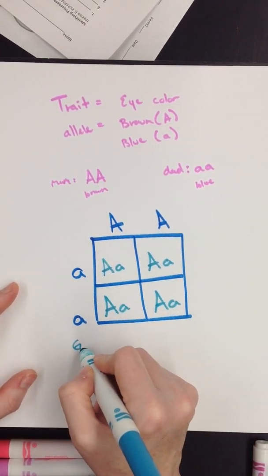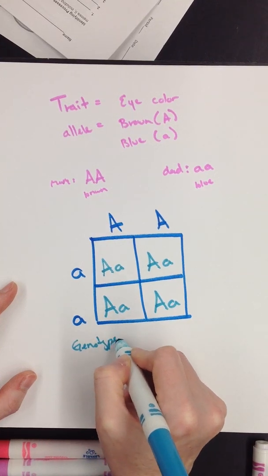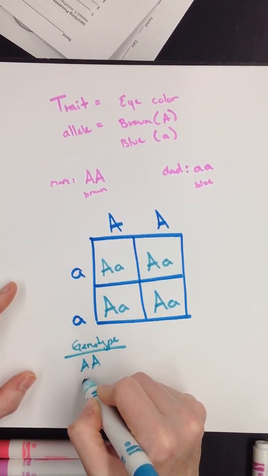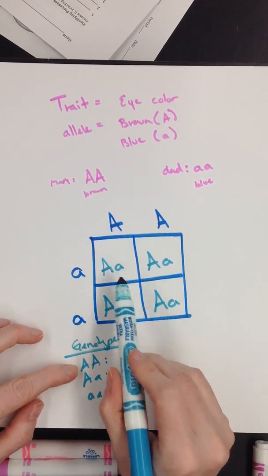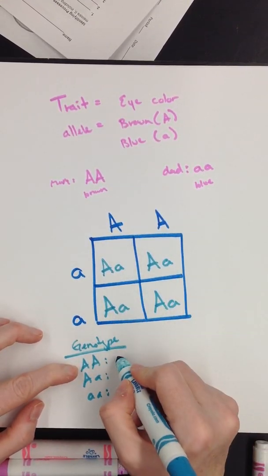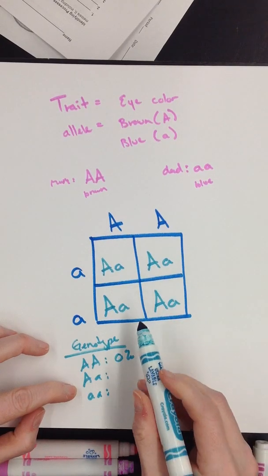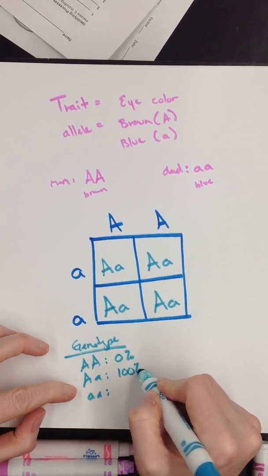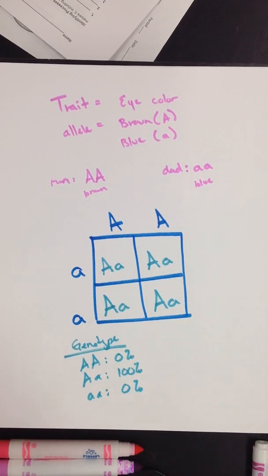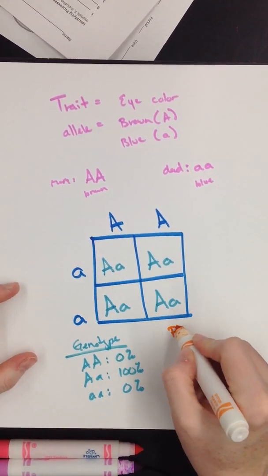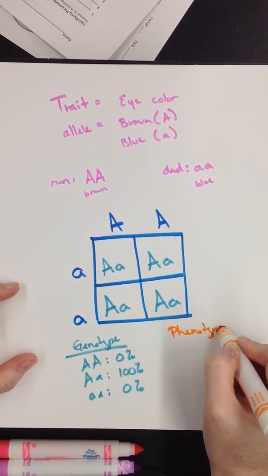All right, so let's look at our genotypes. Genotype can either be big, big, big, little, or little, little. How many were all bigs? Nope, nope, nope, nope. So that's 0%. How many were hetero? 100%. And how many were recessive? 0%.